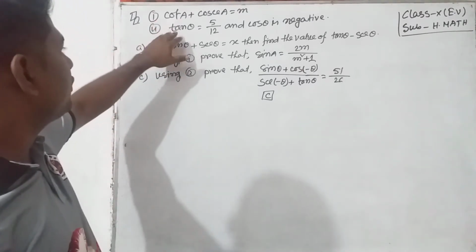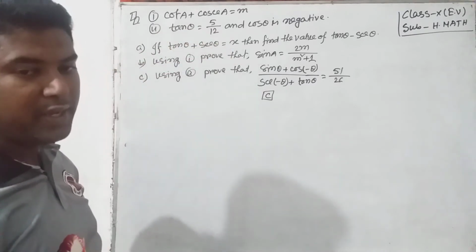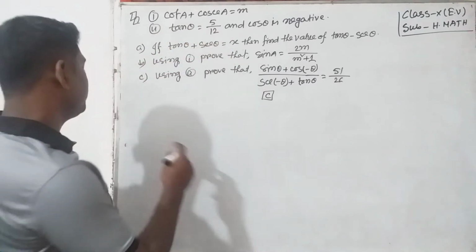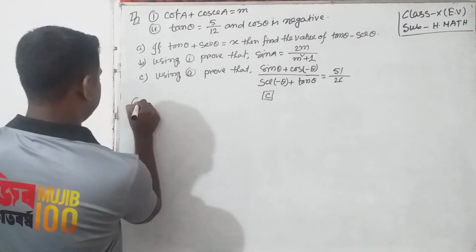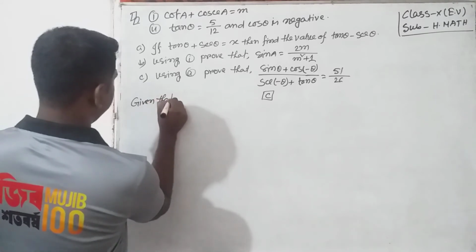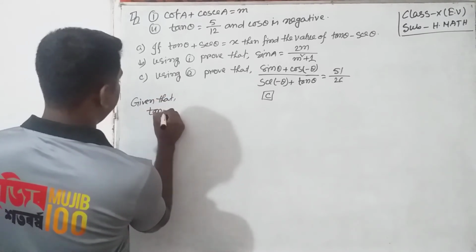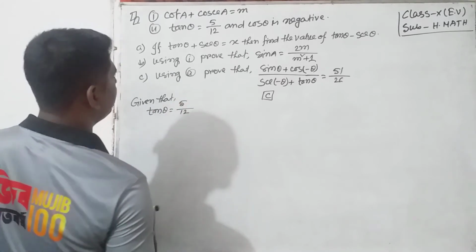Here we use the value tan theta equal 5 by 12, and cos theta is negative. So we use this given value, tan theta equal 5 by 12.